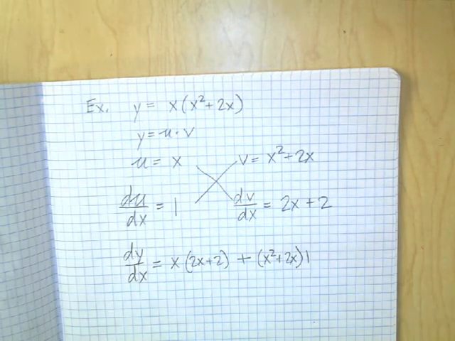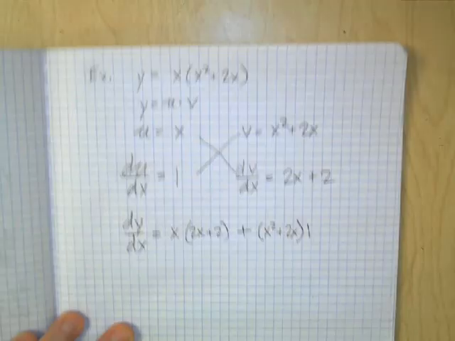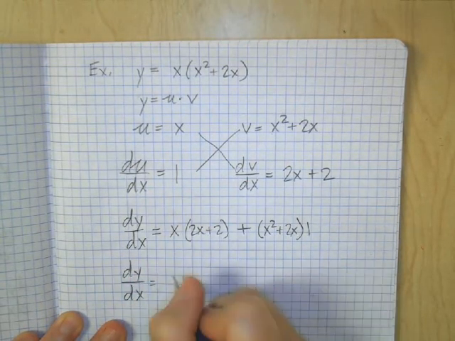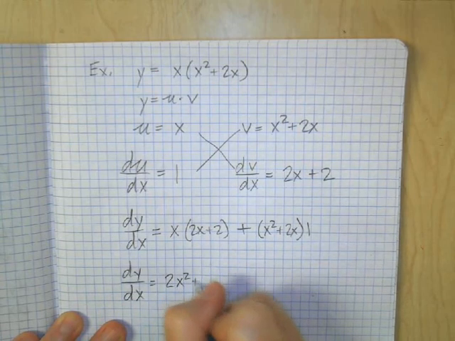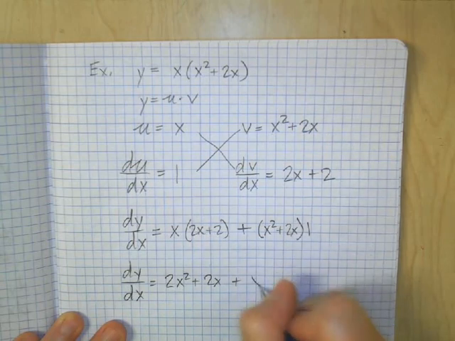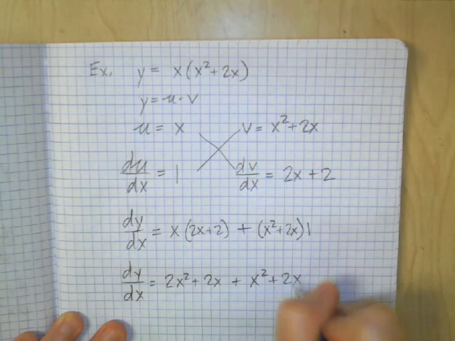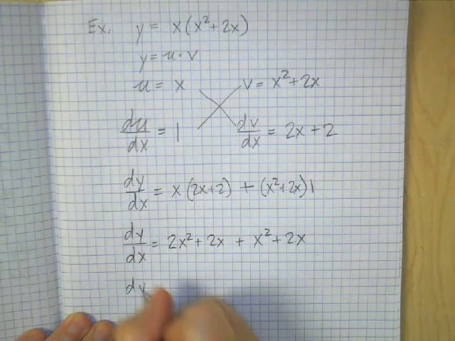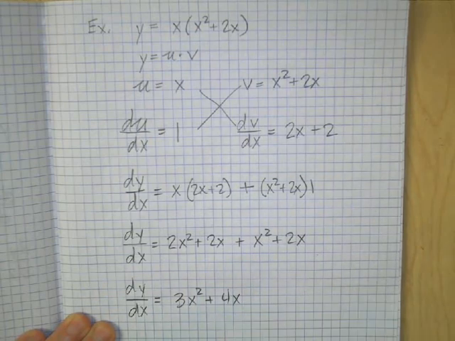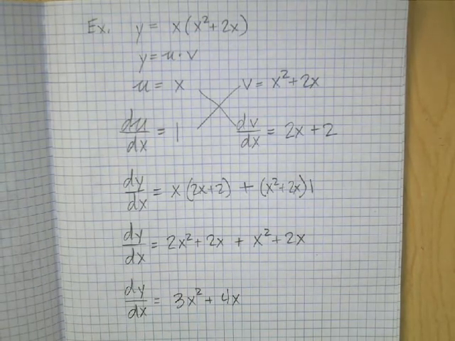And then I can simplify it and combine like terms. So dy dx is equal to 2x squared plus 2x, and then this one, when I distribute the 1, I'm just left with x squared plus 2x, and then combine like terms, I get 3x squared plus 4x. And there it is using the product rule.